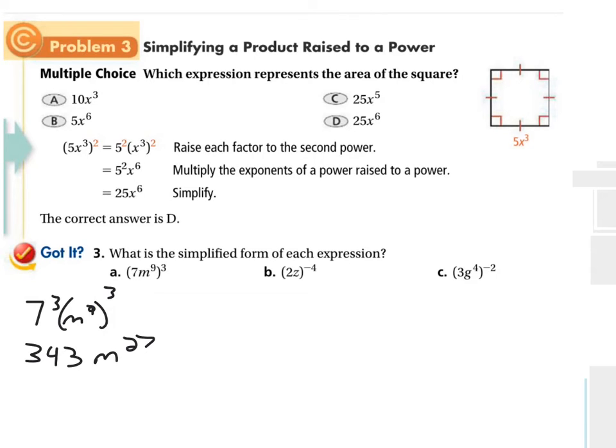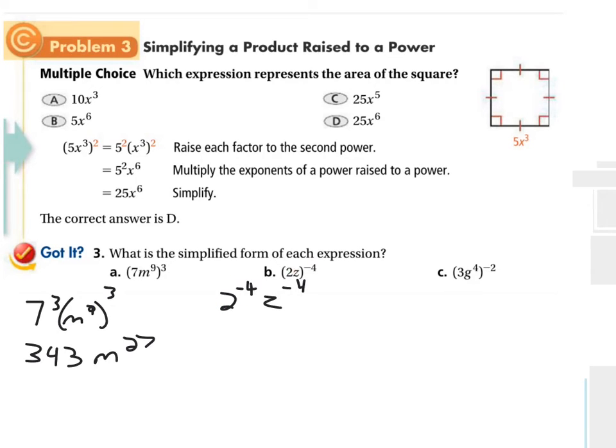Okay, doing the same thing for b. We say 2 to the negative 4. Each part of it gets that exponent. And the z gets the negative 4 as well. Now we need to simplify this. If they both have negative exponents, you could have guessed they're both going to jump to the bottom.